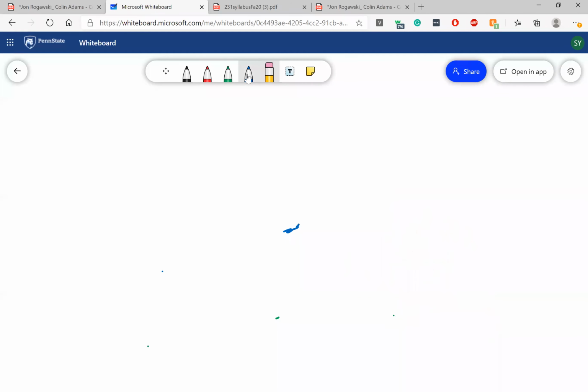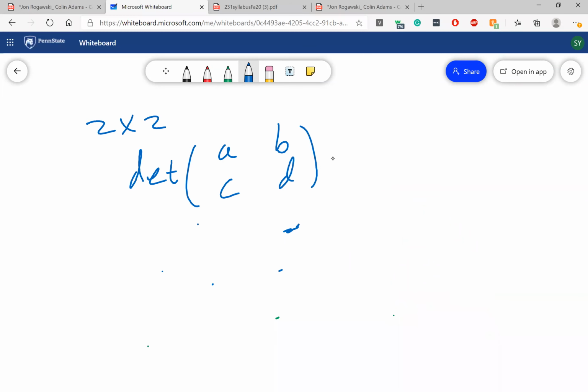For a matrix, let's first talk about 2 by 2 matrices. Let's say the matrix is A, B, C, D. And the determinant of this matrix is going to be A times D minus B times C. Another way of writing the determinant of a matrix is, instead of writing the determinant of this matrix, to use flat vertical lines around A, B, C, D like this.